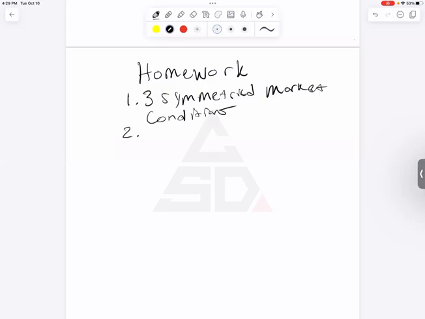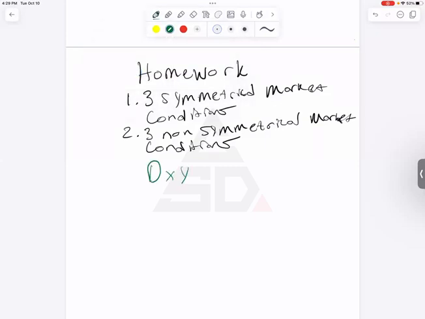I want you guys to find 3 non-symmetrical market conditions. Three non-symmetrical market conditions. I want us to study the pairs DXY, pair it with pound USD or Euro USD.